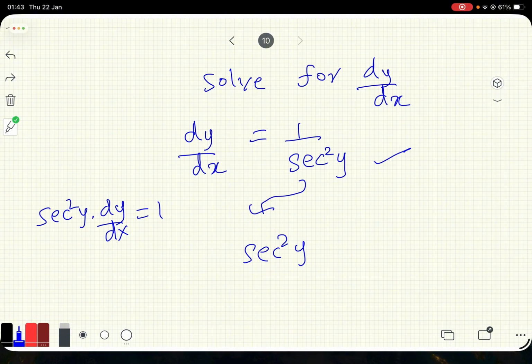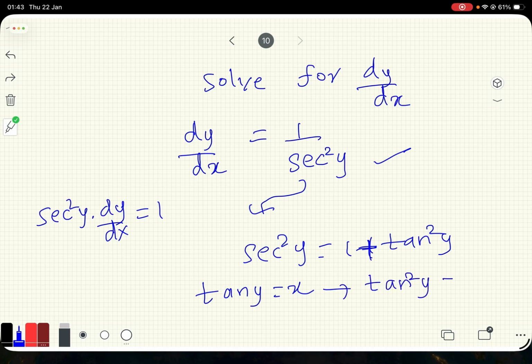Sec squared y is 1 plus tan squared y. This is a very important trigonometric identity, which I hope you know: sec squared y is equal to 1 plus tan squared y. But from earlier we know tan y is x, so tan squared y is x squared.